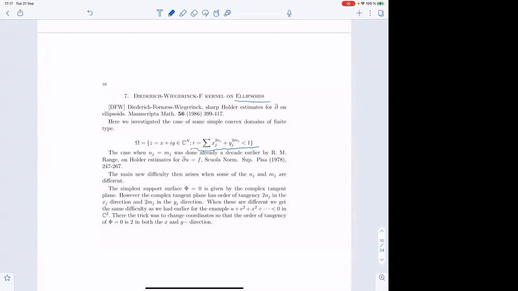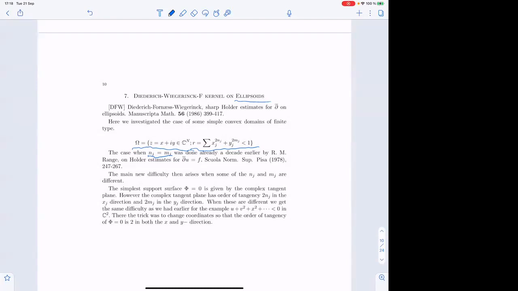We looked at these kinds of domains, and we were not the first to do this, because already 10 years earlier, the case when these are equal was done by Range in his paper on Hölder estimates for D-bar, from the conference in Cortona in 1977, maybe, published in 78.